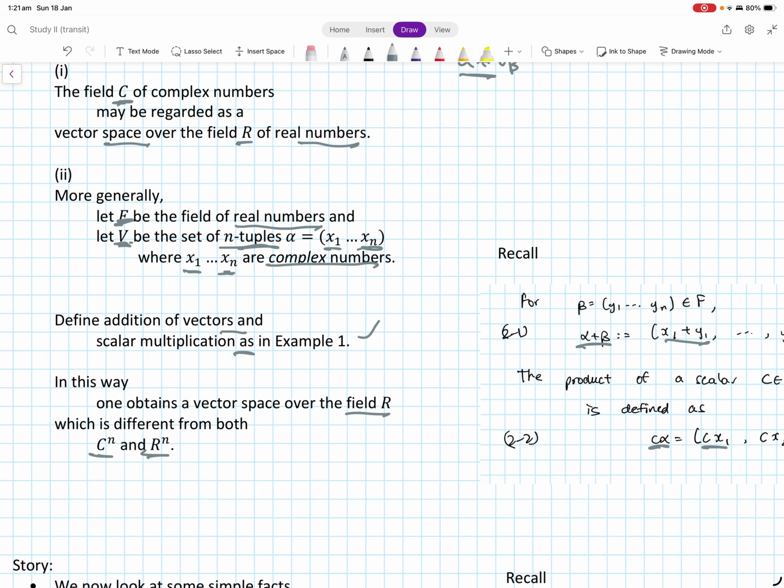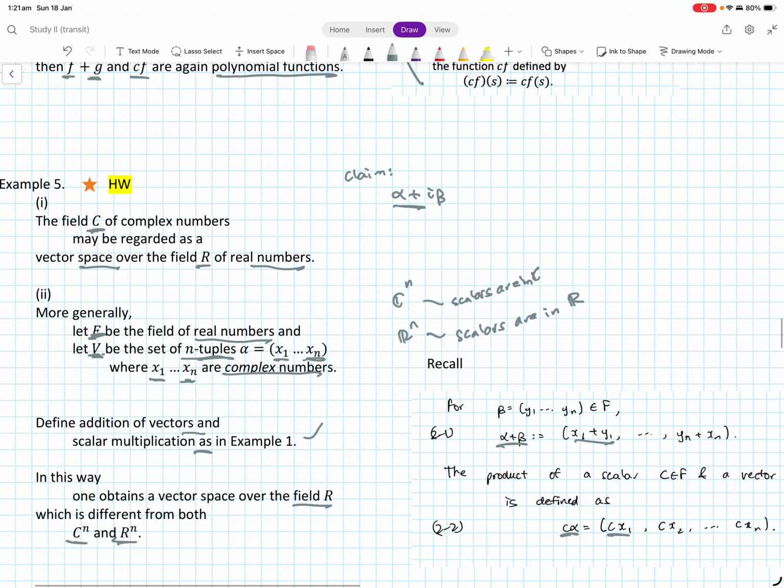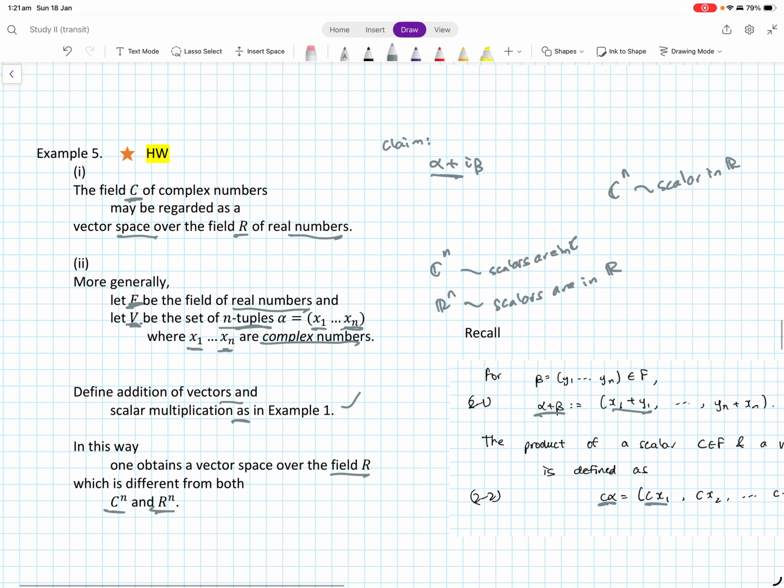Normally, when we refer to the vector space Cn, we are thinking that the scalars are in C. And when we think of Rn, the scalars are in R. But this is one of those examples where we have Cn, but the scalars are in R. This is why they're considering this example, and it is one of the remarks we made earlier: even though the vectors are in Cn in both cases, the vector spaces are different because the scalars being used are not identical.